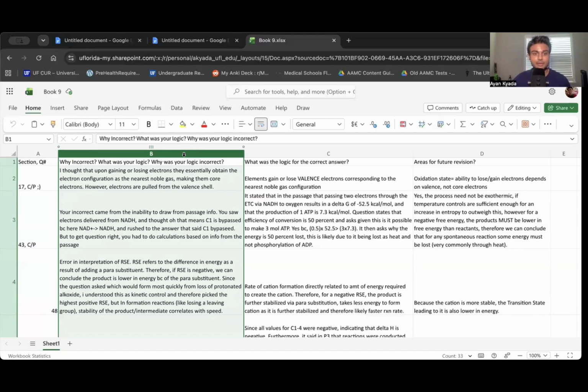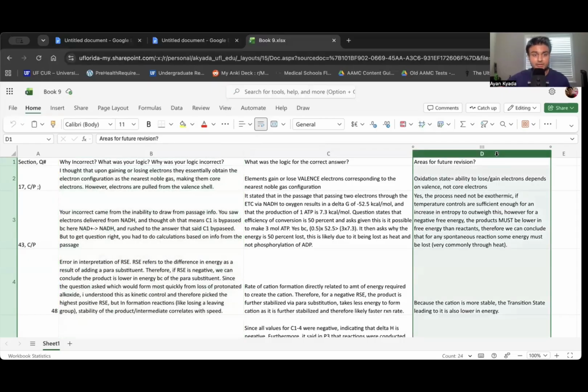Well, let's say you consistently are not performing well at extracting information from figures. Maybe for your logic being incorrect, maybe you incorrectly interpreted a figure. Well, now your areas for future revision are probably going to be to break down as many figures as you can. Maybe even search up studies that aren't directly related to the MCAT and start breaking down their figures.